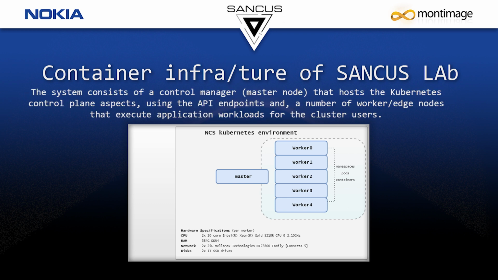The system consists of a control manager that hosts the Kubernetes control plane aspects using the API endpoints and a number of worker nodes that execute application workloads for the cluster users.